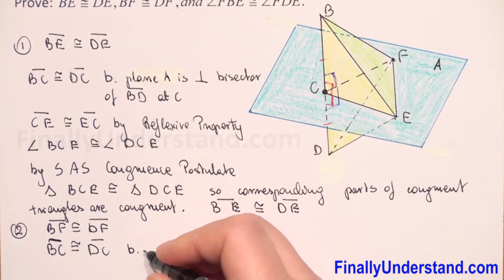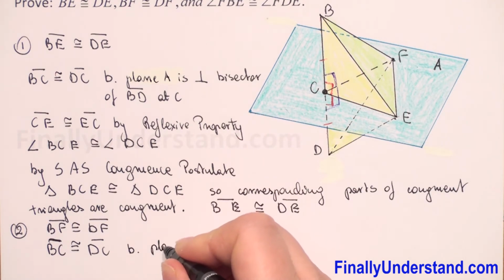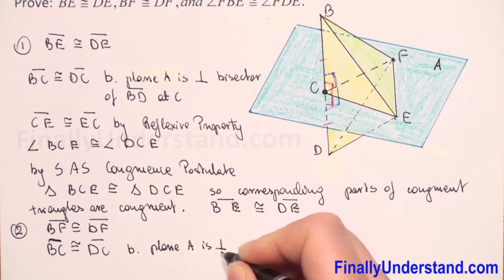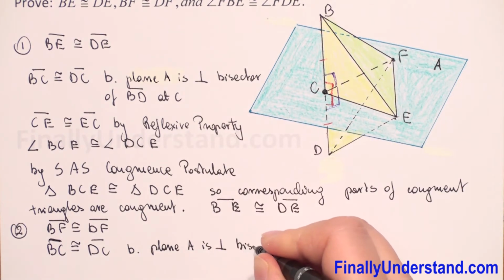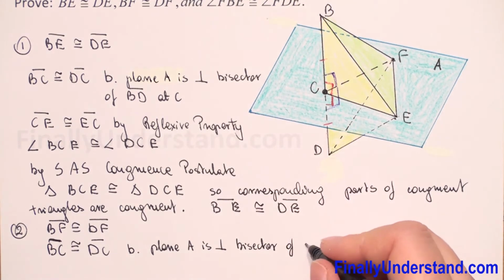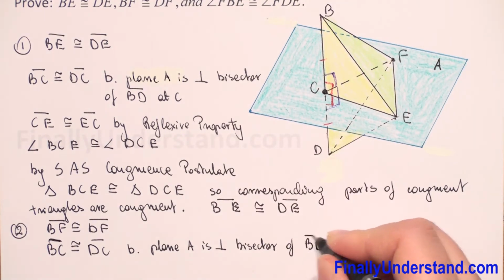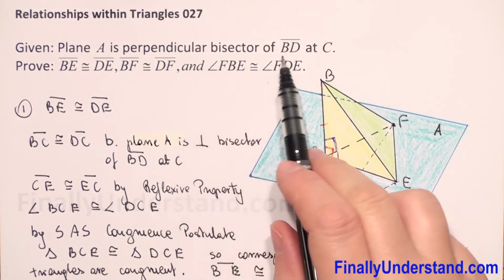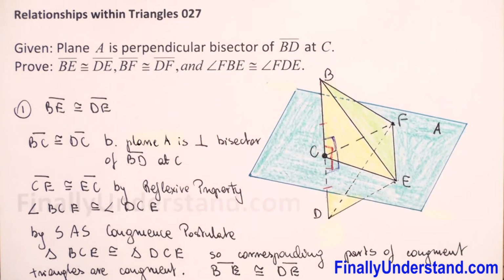So let me copy this: because plane A is the perpendicular bisector of BD segment at C. This we have given at the beginning.